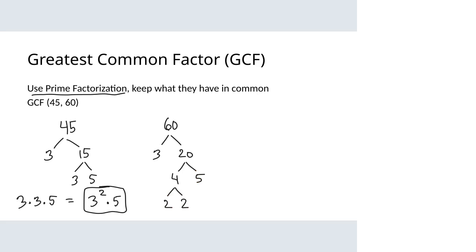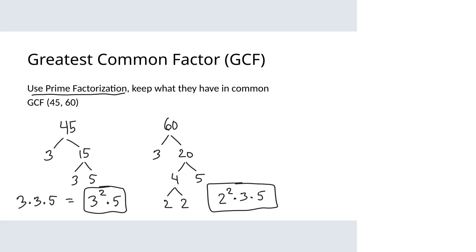Now I'm at the end of all my roads. And you kind of have to look for them sometimes. It's 3 times 2 times 2 times 5. So my prime factorization of 60 then, rewritten with exponents, is going to be 2 squared times 3 times 5.